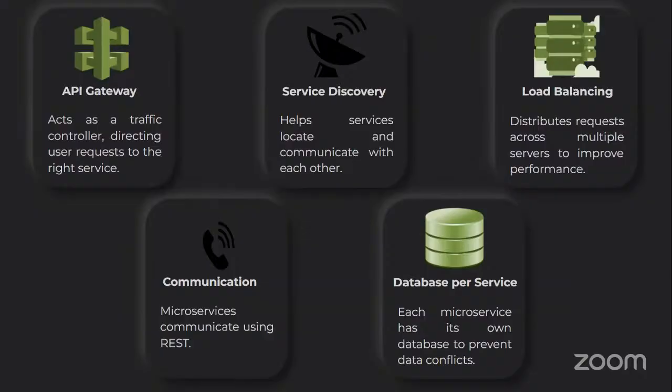In order for the user's request to go to the right endpoint, it must pass through this API gateway to ensure that the appropriate endpoint is used for registering the user.